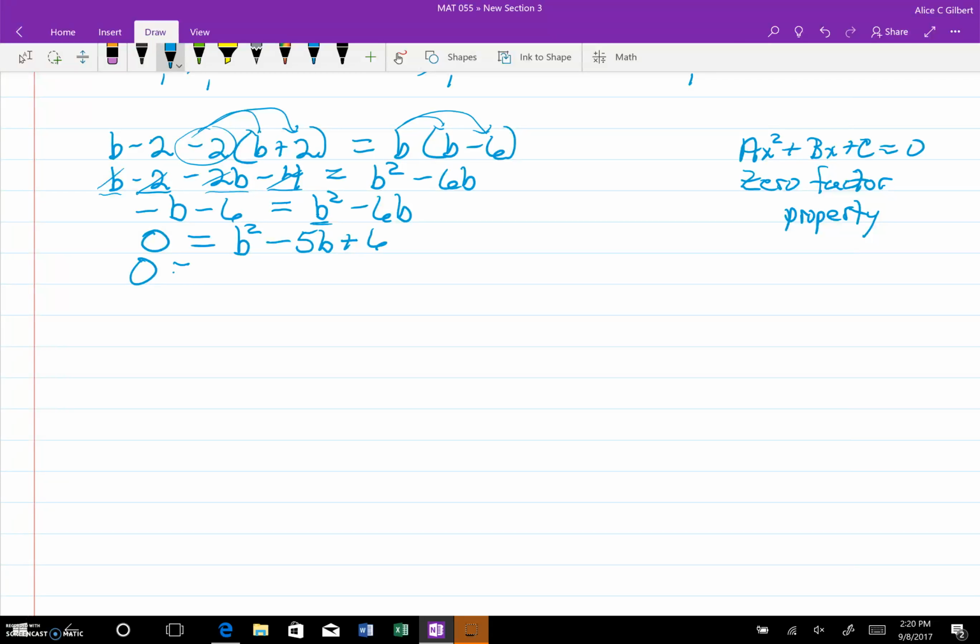Now I just need to factor it. This is not a perfect square trinomial because I can't get an even square root of 6. I answered all the other questions up until that point. Yes, make sure you know what they are. So this is rule 3a because this b squared has a 1 coefficient. So I do a double bubble, put a b in the front of each one. 1 times 6 is 6. 1 and 6, 2 and 3.